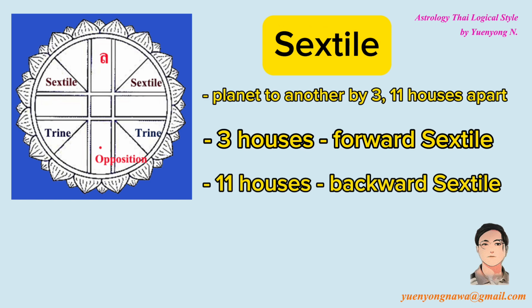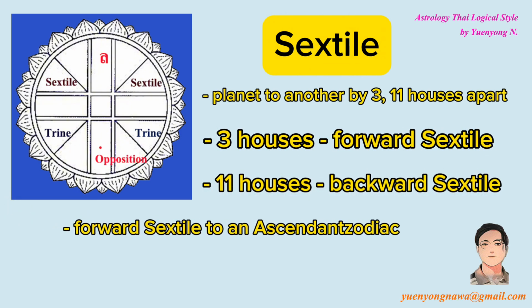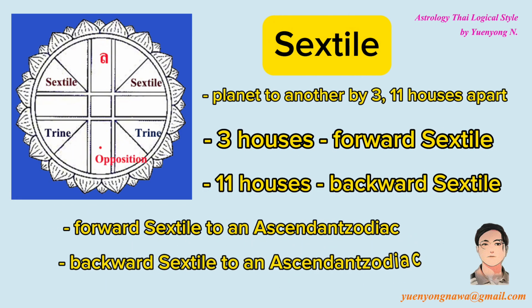In case the ascendant and a planet are in sextile, it is called in forward sextile to an ascendant and in backward sextile to an ascendant, accordingly. See the illustration above. This aspect could enhance the ascendant or the considered planets up to 60%.